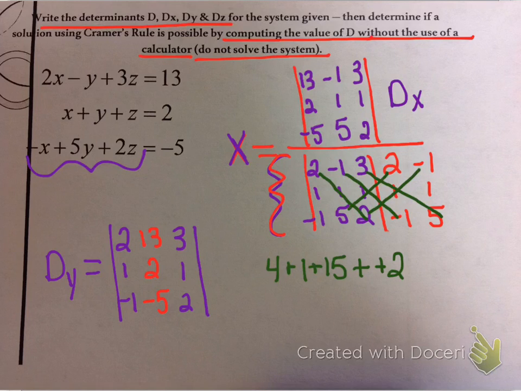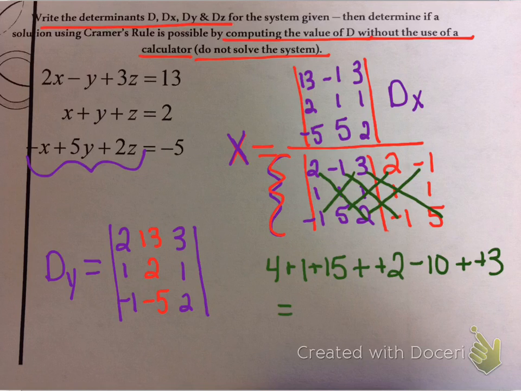And then my next backwards diagonal is still going to get subtracted, and 2 times 1 times 5 is 10. And then a minus for the final one. And the final one is 3 times 1 times negative 1, which is negative 3, which will again, of course, become a plus. Okay?